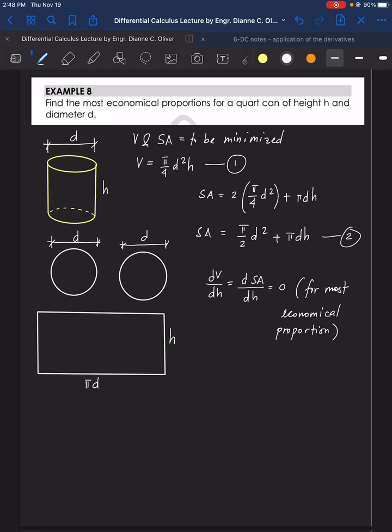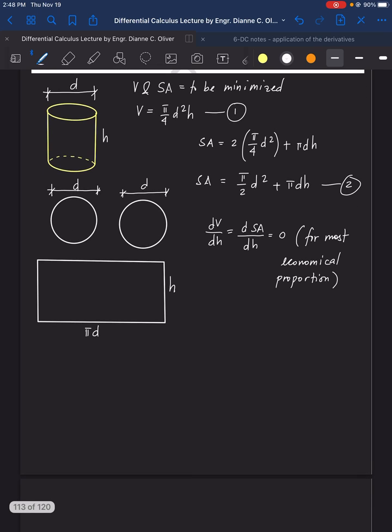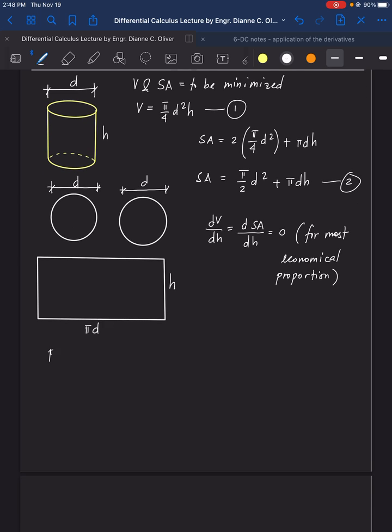Okay. Then after this step 5, we will differentiate equation 1. So we have V equals pi over 4 d squared h. Derivative of V over dh is 0.